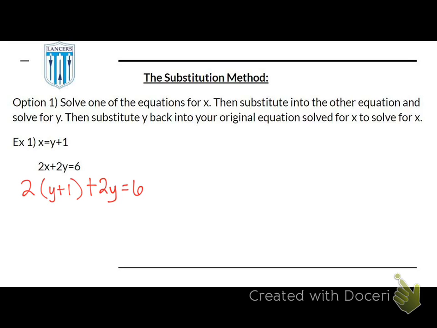Okay, if you can get that step, then hopefully the rest of the problem won't be too bad. That's the tricky part about it. Okay, one of the equations has x alone. You're going to take whatever x equaled, so in this case that was y plus 1, and plug it into that x. Why do you think I put the parentheses there? What do you think?